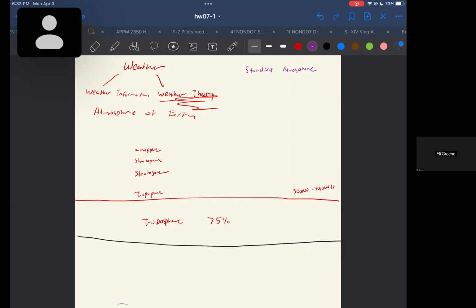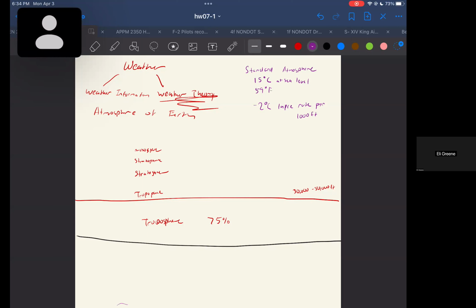The FAA has their own one, and that's going to be 15 degrees Celsius at sea level, or 59 degrees Fahrenheit. And then it's going to be a 2 degrees Celsius lapse rate per 1,000 feet.